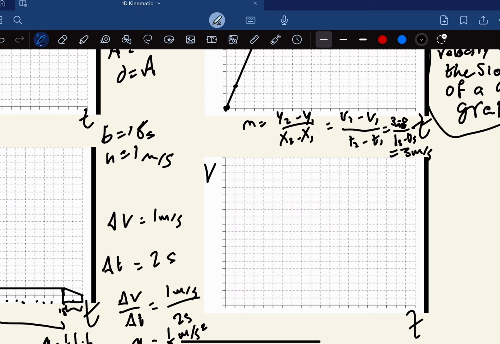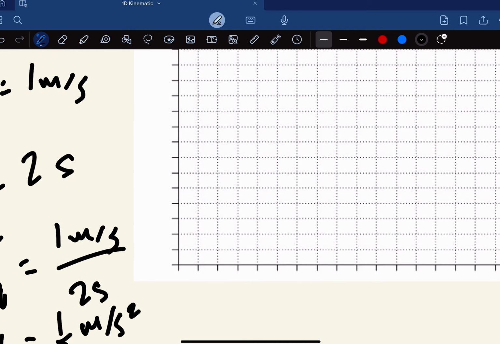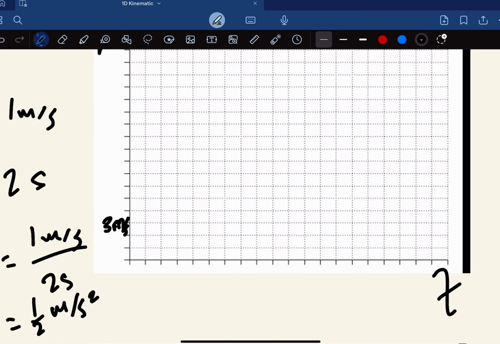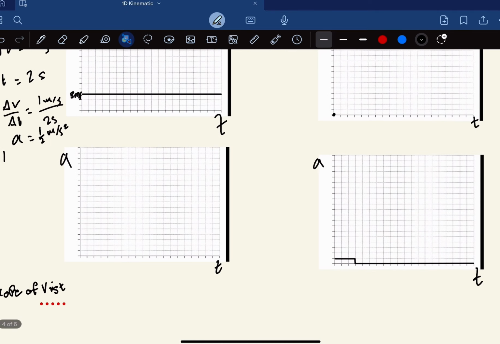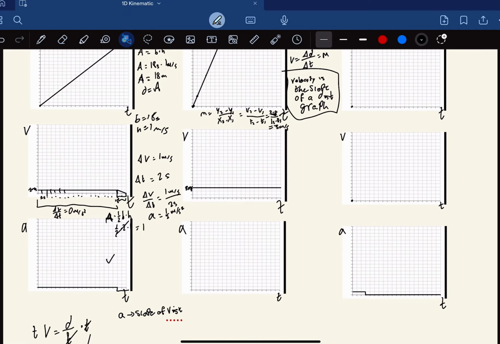So for this entire interval, we have a constant line of this constant slope, 3 meters per second. It's heading through here. So that is our velocity versus time.